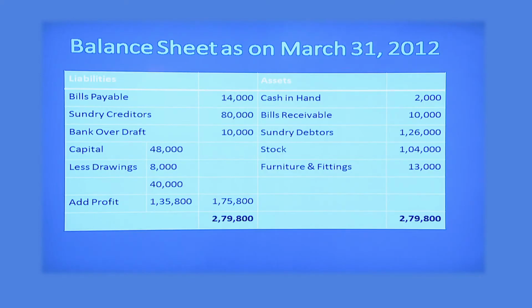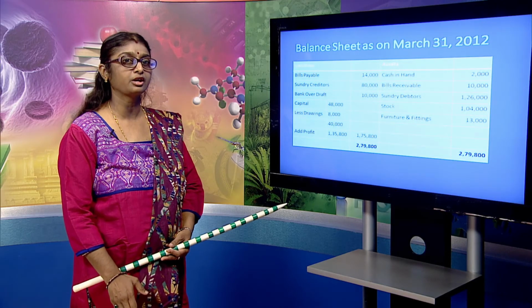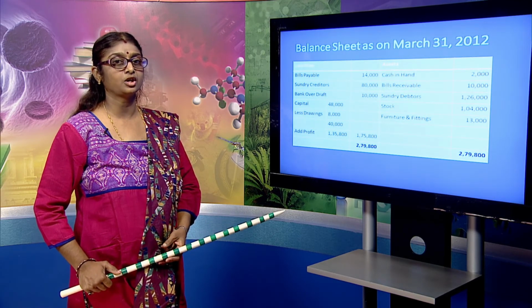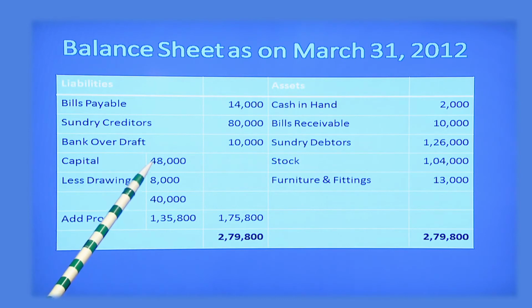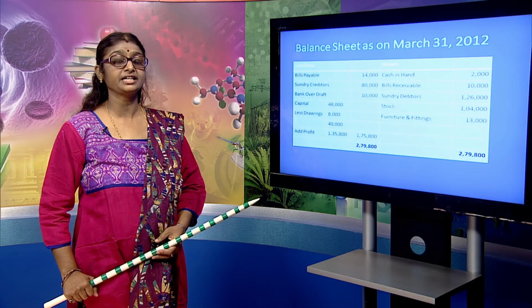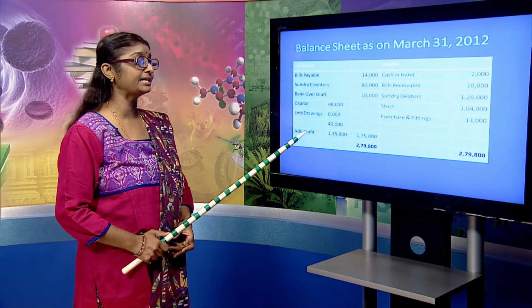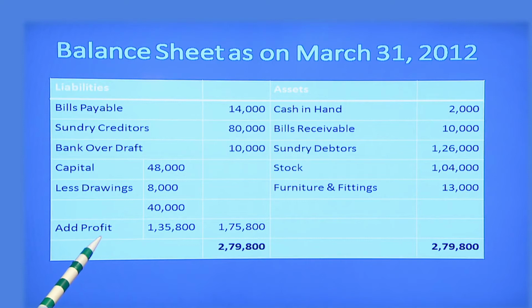And in this question you have to write both trading, profit and loss account and balance sheet. Now you got capital from the profit and loss account. That amount will be written on the inner column of the balance sheet. And here in this question they have given drawings. Drawings will be deducted from it. Net profit will be taken from the profit and loss account and will be added with the capital, and it will be written on the inner column.